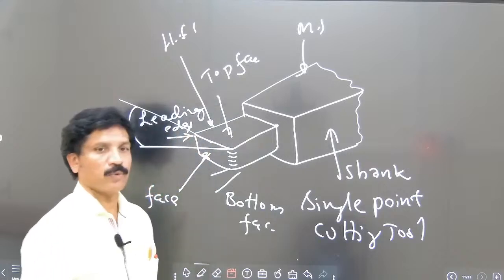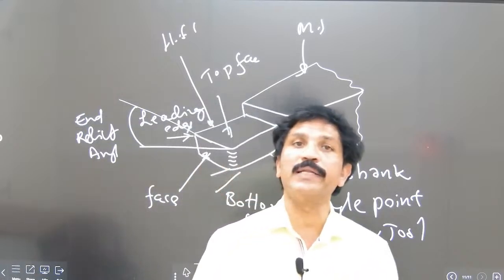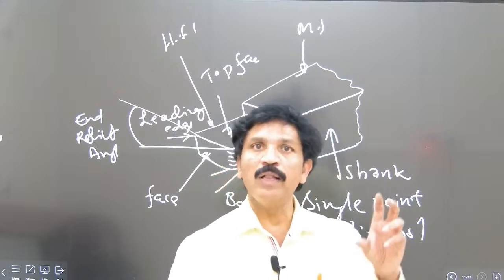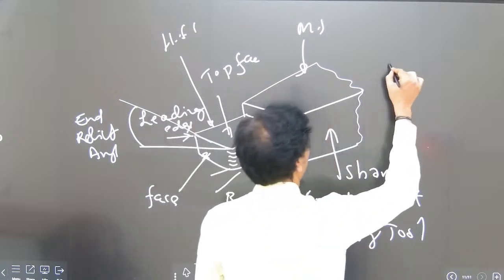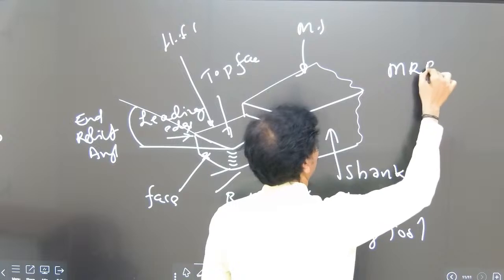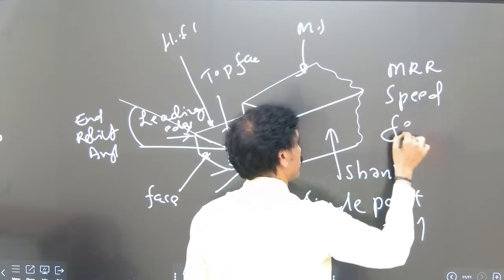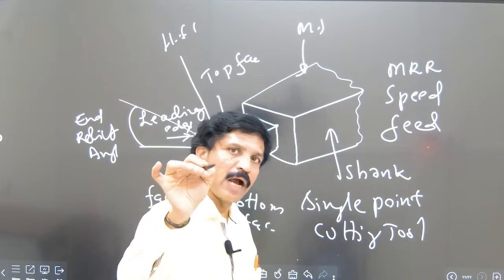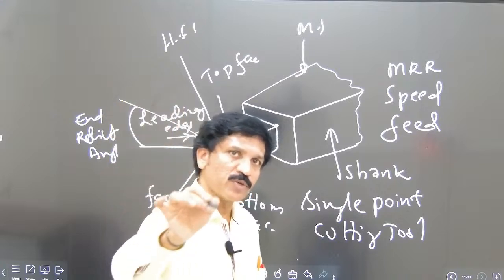There is also a calculation here. Sometimes we need to calculate the material removal rate, the speed and the feed, all this terminology which is observed in the lathe machine. MRR, material removal rate, speed and feed. Feed means the tool is interacting onto the surface of the workpiece, and speed is how fast the workpiece rotates.